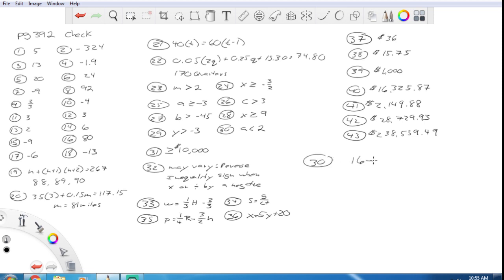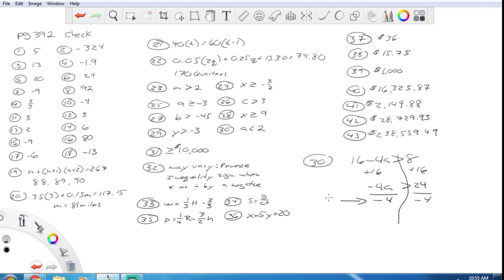So you have 16 minus 4a greater than 8. Add 16 to both sides. 8 plus 16 gives you 24. Negative 4a greater than 24. In that case, you're going to be dividing by negative 4.